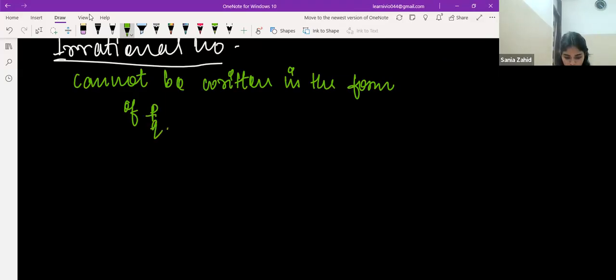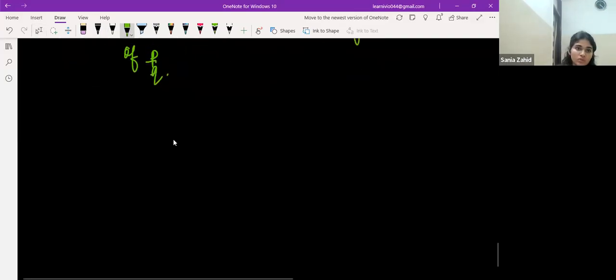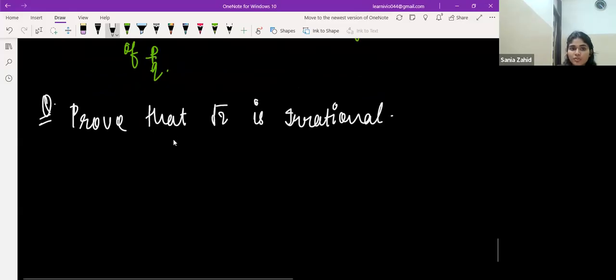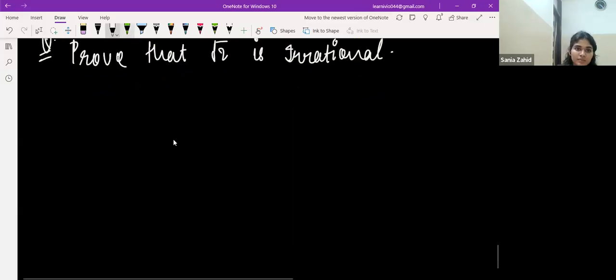Alright, so we have a few theorems. First of all, the very important amongst all of them is you have to prove that root 2 is irrational. So how do you prove that root 2 is irrational? Basically, let's assume that root 2 is rational.